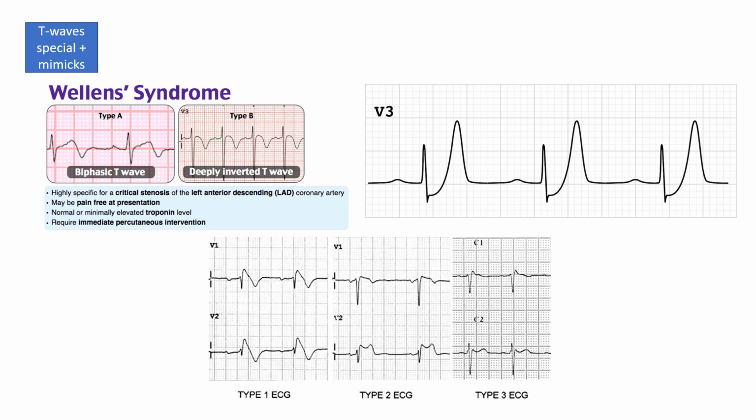I always thought that this looked a bit like the Brugada syndrome, which we have down here, the Brugada type 1, where you have, I think it has to be 2 millimeters of ST elevation, and then going down into a negative T wave. There's no ST elevation here, but there is here, and I guess that's the difference. This is a type 2, and this is a type 3, and we'll go into that later. What's the difference?